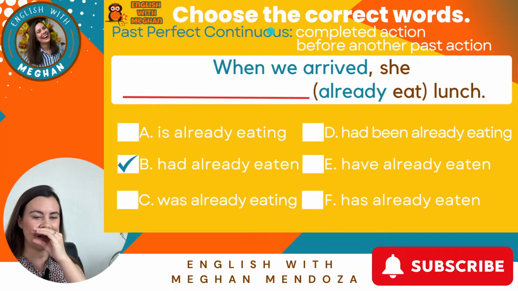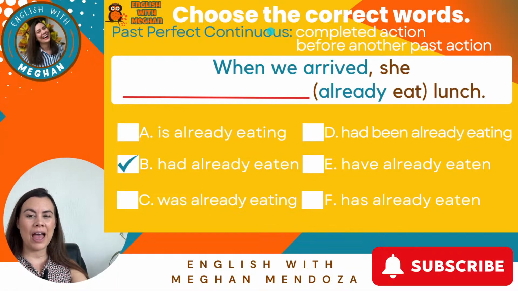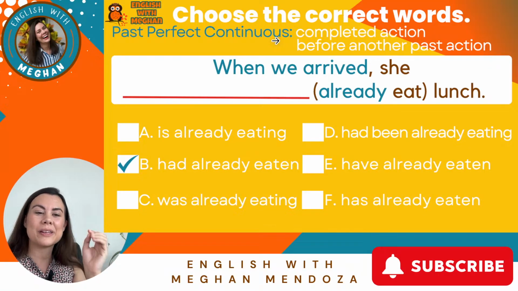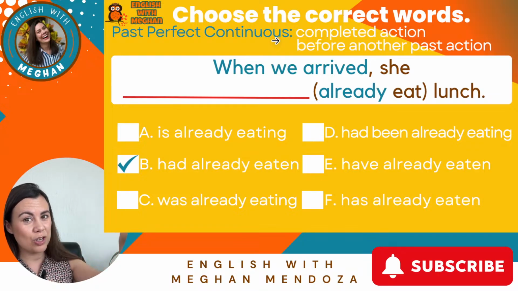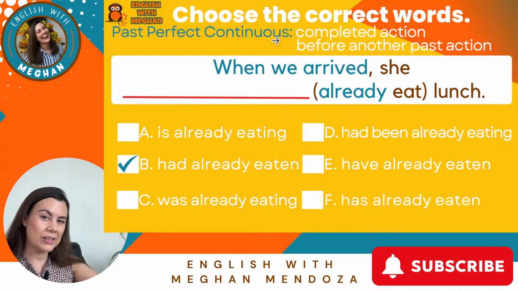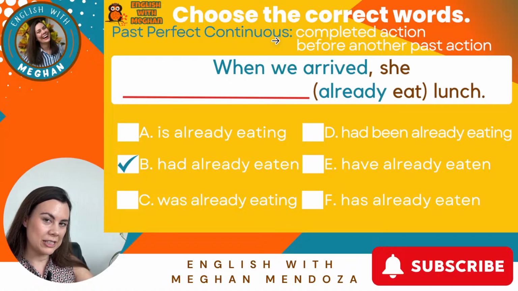Okay. Yes. And a good question in the chat here is, why is option D incorrect? And remember, had already been eating, that is past perfect continuous, what this says. Although that is wrong. That is not our answer, because remember that past perfect continuous, all the continuous tenses, focus on an action that is ongoing, still happening or continuing at that moment, right?